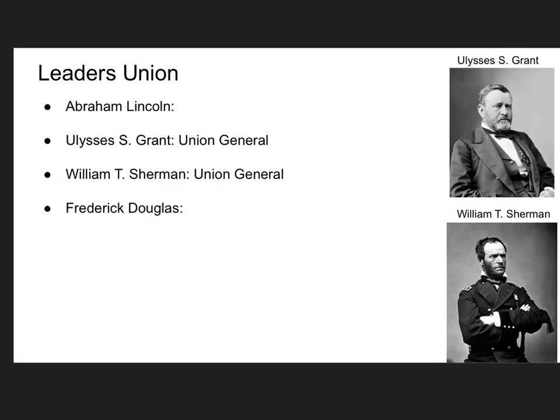Some of the leaders that you need to be aware of during the Civil War are Abraham Lincoln. Abraham Lincoln's goal was to preserve, meaning to protect or save, the Union. Ulysses S. Grant, over here to the right, was the Union general.